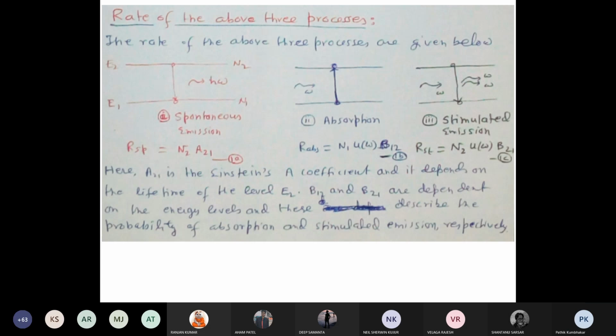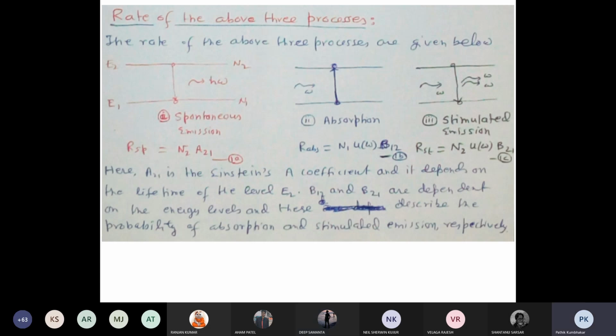Which state? In the N2 state, the electron is already in the excited state, which will try to come back as in spontaneous emission. But what if we also provide an external photon incident on it? Will it be stimulated emission or spontaneous emission?